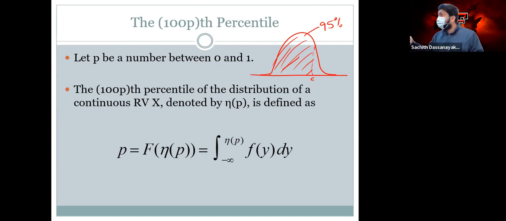We need to find the corresponding x value, here x equals C. You need to find this C. That is what we are going to do here. So they have given the corresponding percentile, that probability value, this 95% means 0.95, right? So they have given that, and we need to find that particular x value.